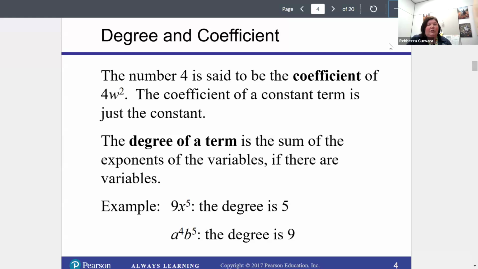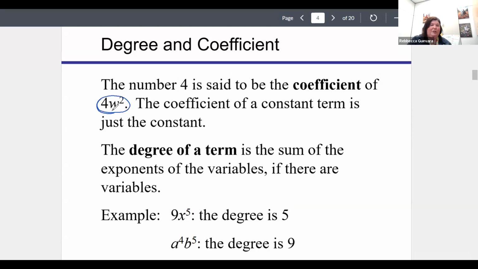So we're going to talk about degree of polynomials. We're also going to first talk about what a coefficient is, or just a reminder what a coefficient is. So if I give you a monomial, so a term of a polynomial, like 4w squared, that 4 is what we're going to call the coefficient. The coefficient of a constant term is just going to be the constant term.